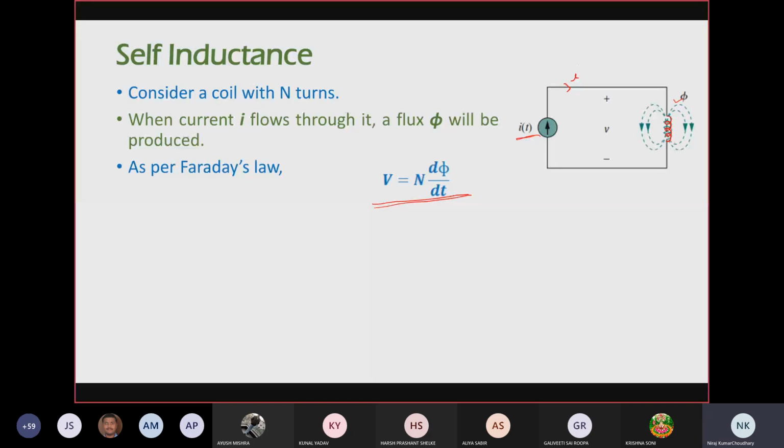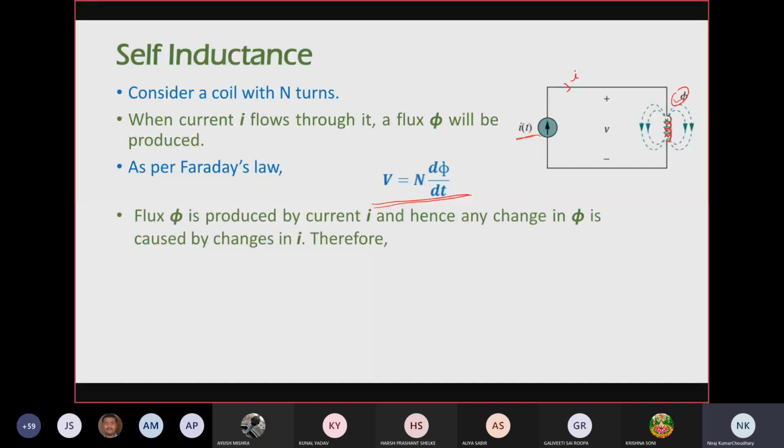Now this flux phi is produced by this current i, and hence this flux magnitude will be directly influenced by the current changing through the network.